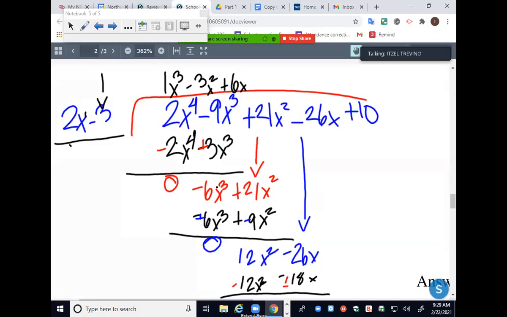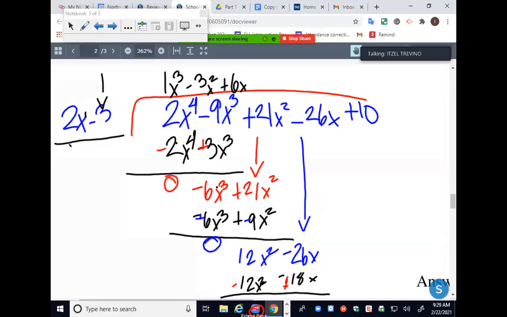Please don't forget your signs change. That's addition. 12x squared minus 12x squared gives me 0. And minus 26 plus 18 gives me 8.